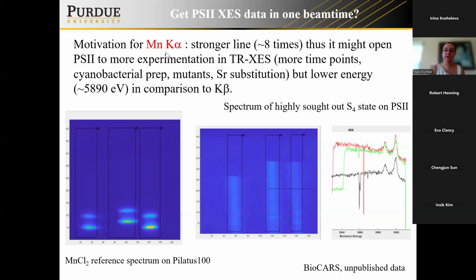So we looked at manganese K alpha. Our idea is, manganese K alpha probably has smaller shifts, but it's more intense. So let's see how it goes. This is our published BioCARS data, from the latest beam time. This is how the reference, a concentrated sample, looks on the position sensitive detector.